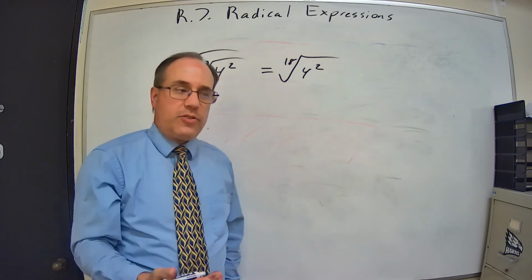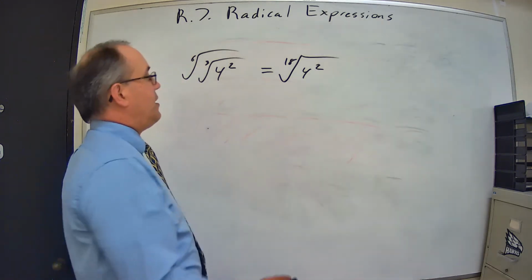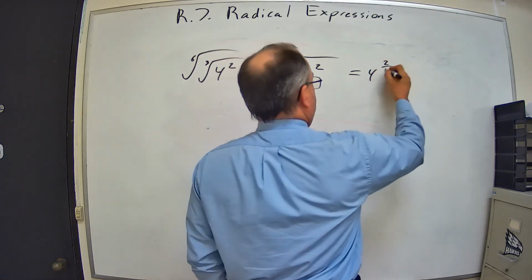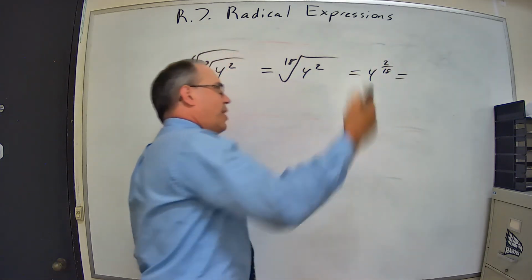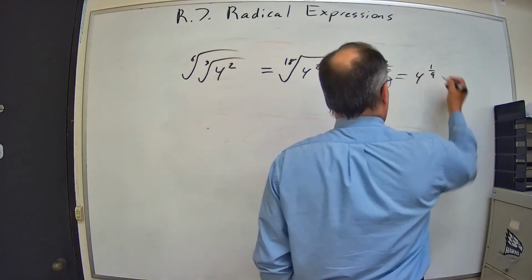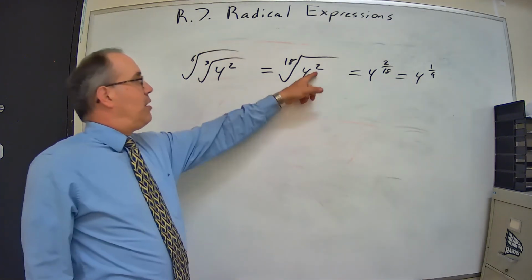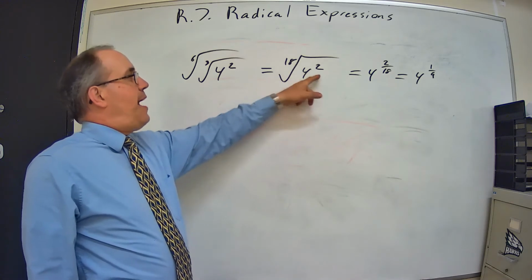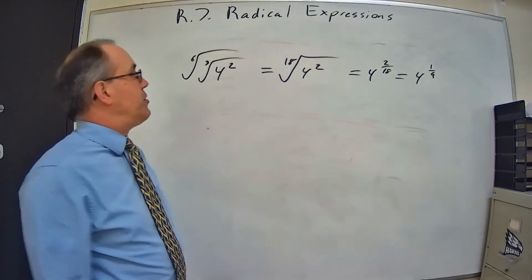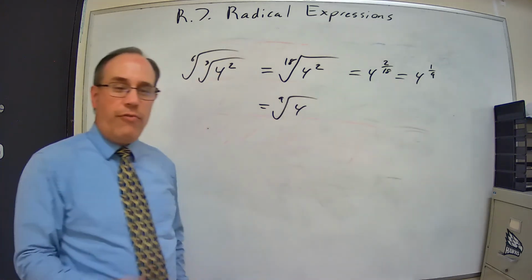Well, 2/18, we have a common factor, 2. So I can take that and go, well, wait a second, that's the same as 4 to the 1/9. Or I can come right from here and say, well, there's a common factor in this, so I can cancel it out, giving me the 9th root of 4.